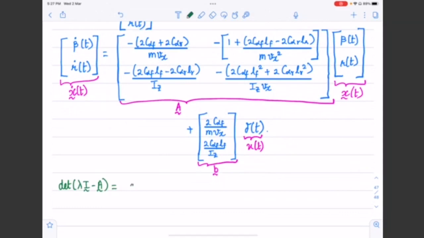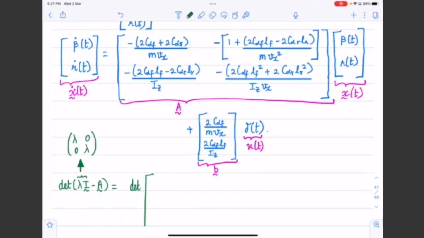Okay, so let us do this. So what will be the determinant of lambda I minus A? Once again, it's going to be a little bit elongated because we have all these symbols, but please bear with me. Lambda I will be a 2 by 2 matrix in this case, whose diagonal elements will be just lambda.